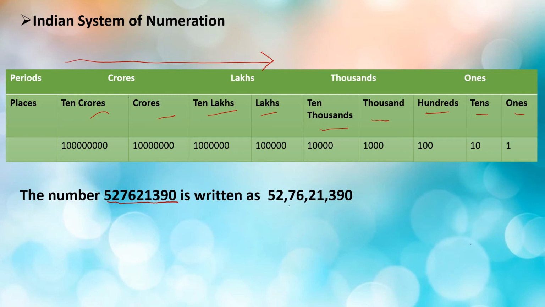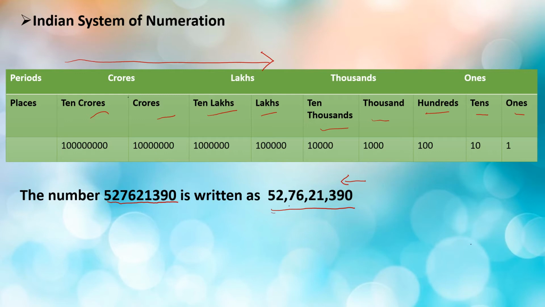Beginning from the right, a comma is put after the first 3 digits and then after every 2 digits. If you look into this example, I start counting from the right. After 3 digits, I put a comma. Then after every 2 digits, I put a comma.